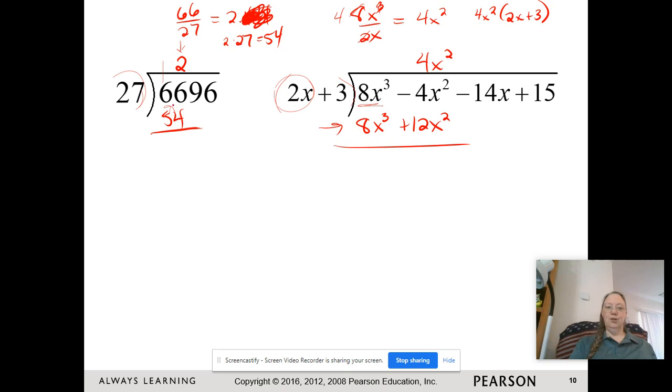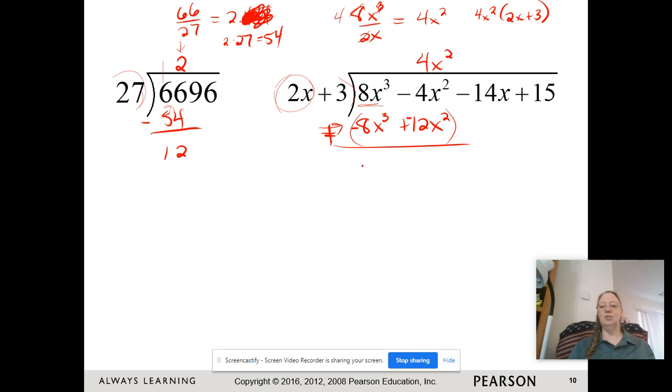Now, back over here. 66, we subtract the 54, right? If we subtract the 54, we get 12. We're going to do the same thing over here. We're going to subtract. However, when you subtract a polynomial, remember I told you I want you to distribute that negative. Okay, so I want you to change both of these signs and then turn it into an addition problem.